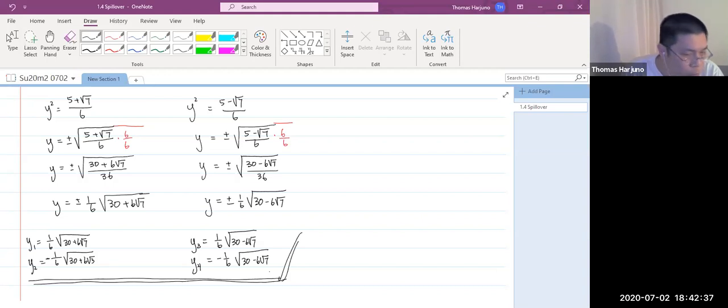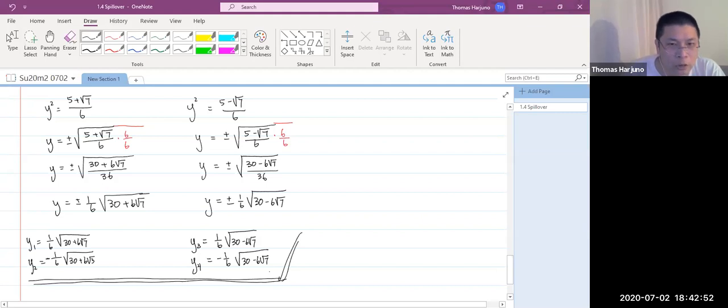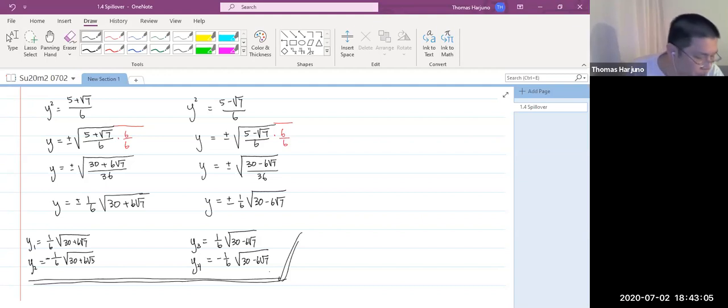Don't use your calculator too early. You may miss important gems, important diamonds, important golds, important treasures, and you cover that with decimal dirt. Something really nice becomes so ugly because you don't see the exact value to the core.